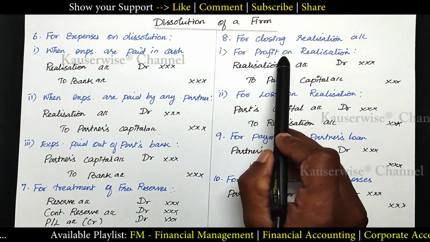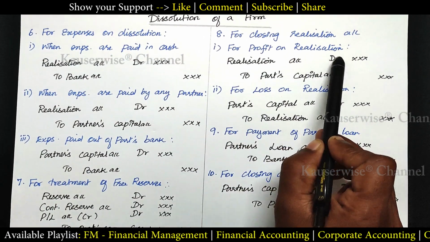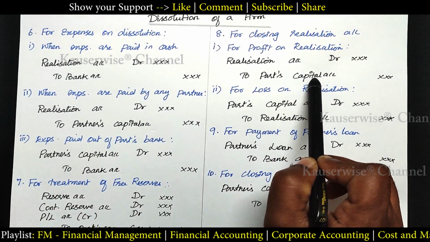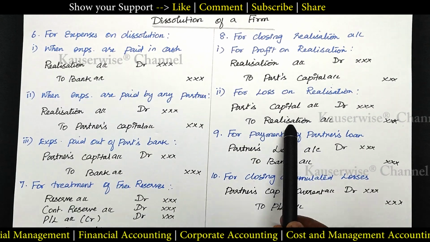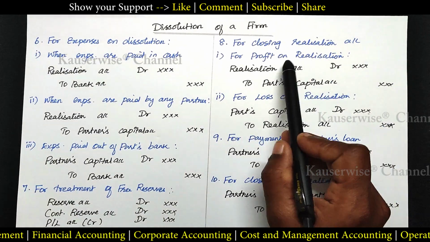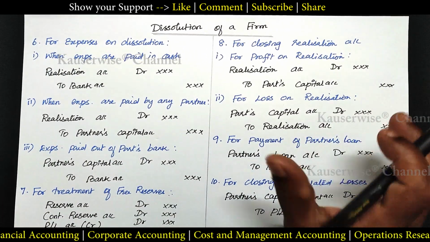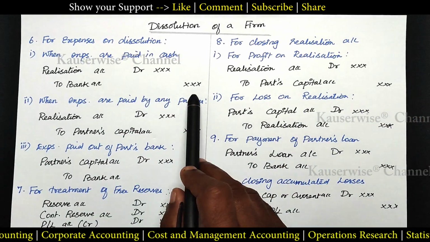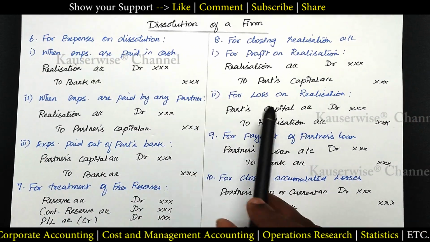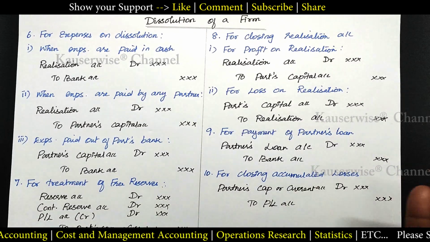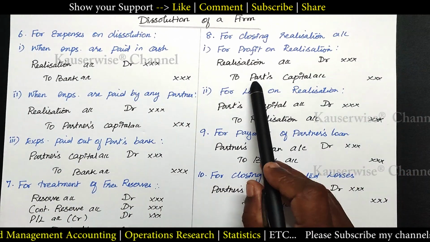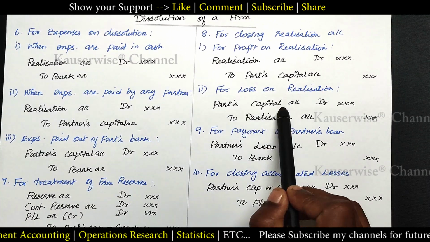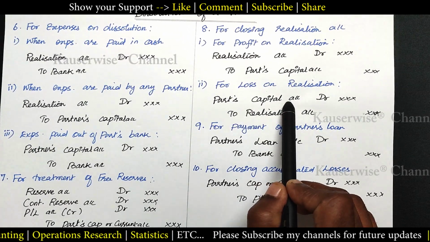In case of profit, the entry is realization account debit to partners capital account. In case of loss, partners capital account debit to realization account. In the realization account, if you get a balancing figure on the debit side, then it is profit. If you get a balancing figure on the credit side, then it is called loss. Whatever it may be, that will be transferred to partners capital account according to their profit sharing ratio.